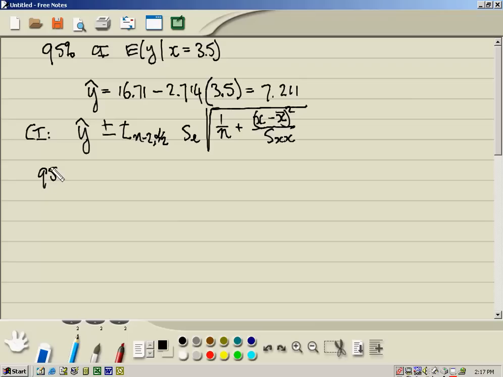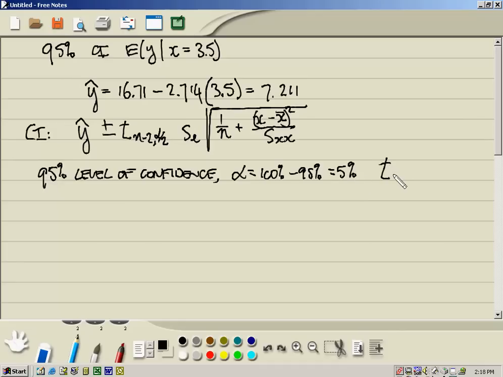Alright, since it's a 95% level of confidence, this means that the alpha is 100% minus that level of confidence, 95%, so the alpha is 5%.